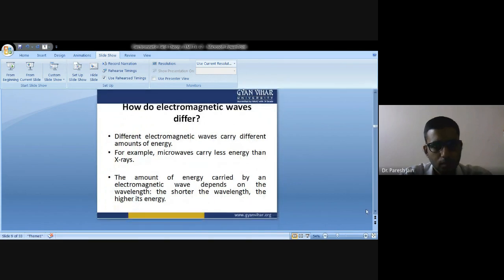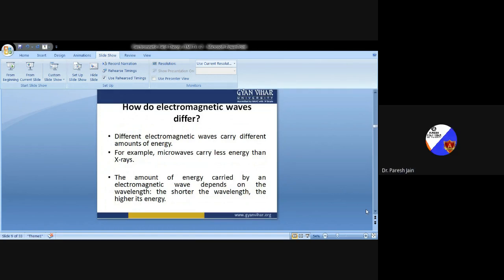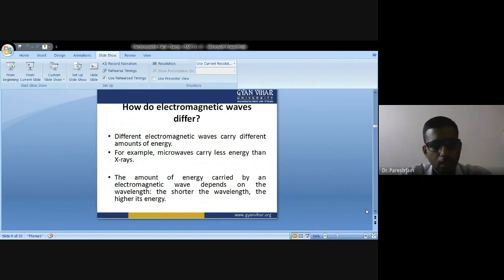Similarly, we can discuss another example, radio frequencies and microwave frequencies. Radio frequency carries less energy compared to microwave frequencies because the microwave frequency has a high range of frequency, and it carries high energy, and it also carries a large amount of information.